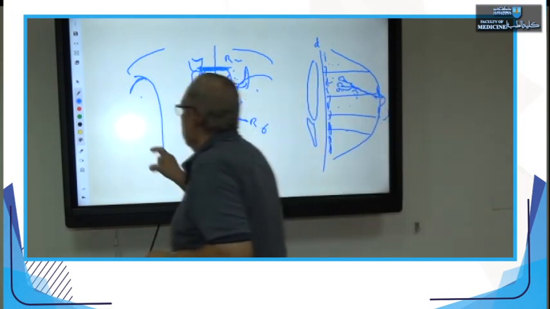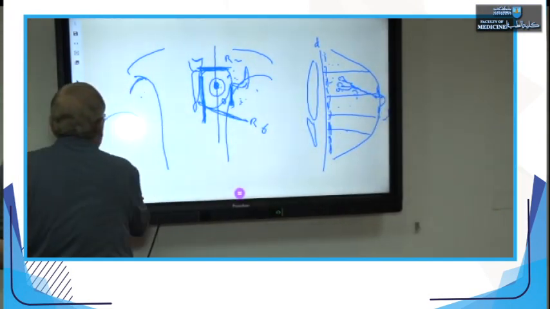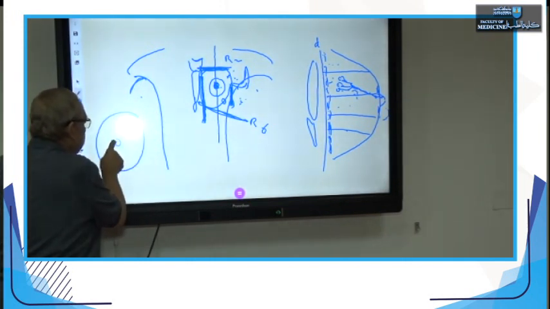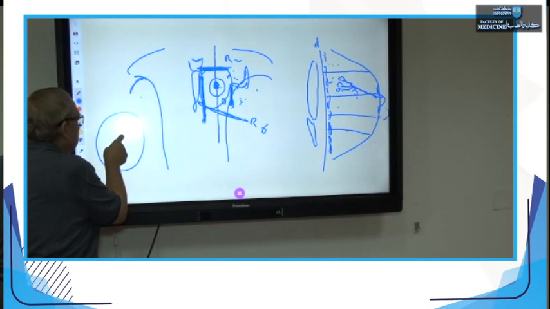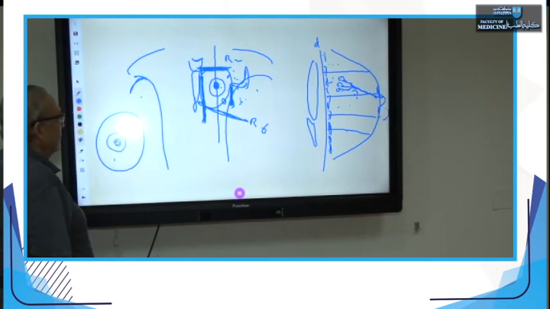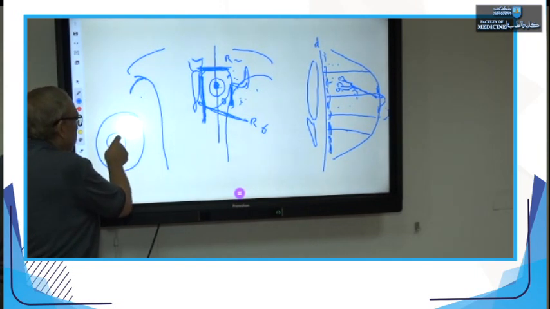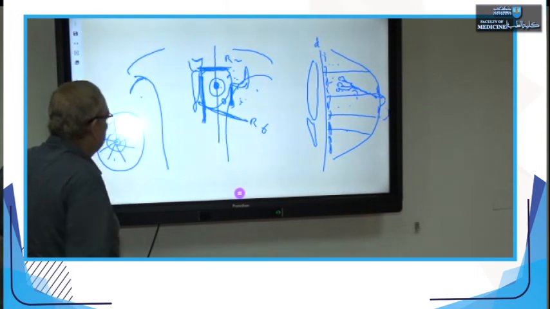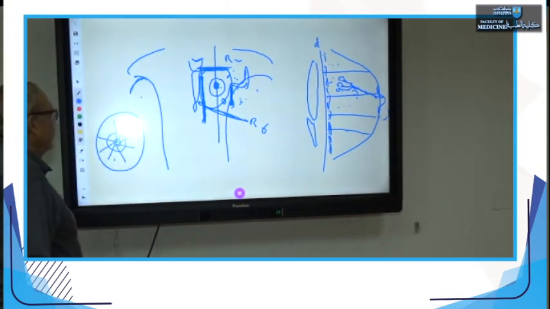Now, if we go to the breast as a whole, if this is the nipple, and we said that the nipple is surrounded by the areola, from the lobes of the breast of the adult female, we have lactiferous ducts radiating to the nipple and opening into the nipple.